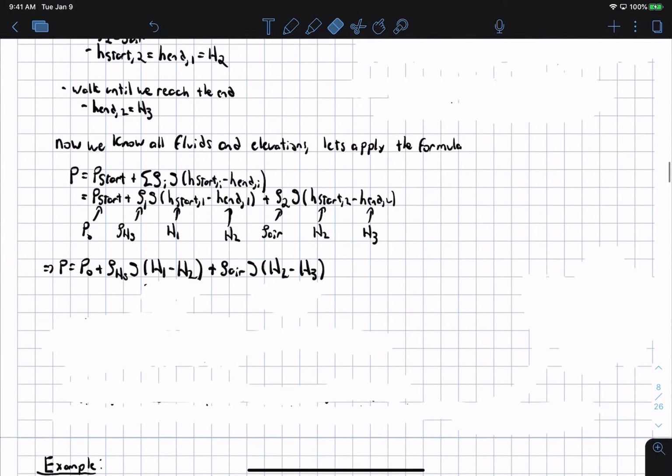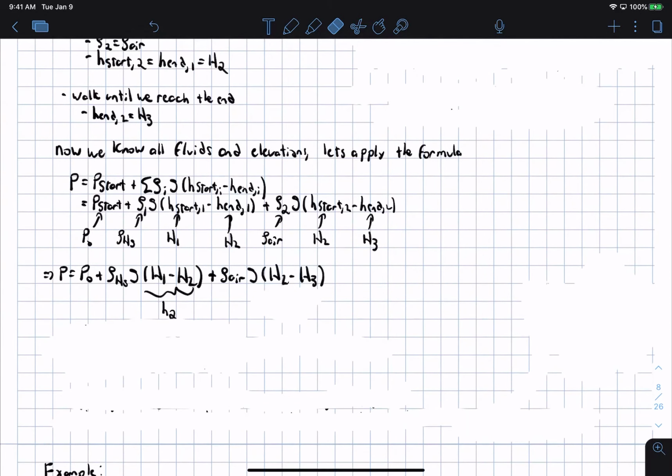Well, oops, this here is just small h2 that we had in the diagram. This here is just minus h1 that we had in the diagram.